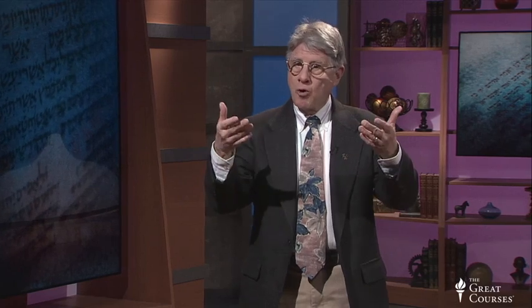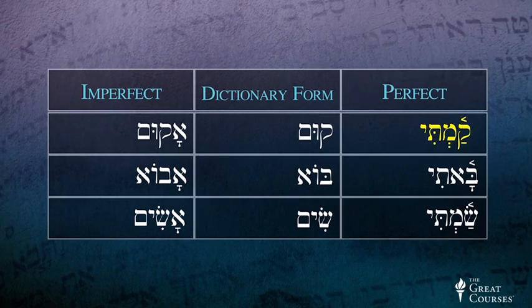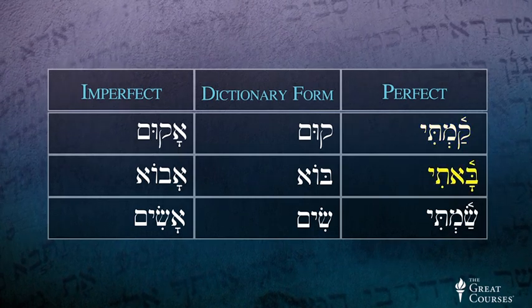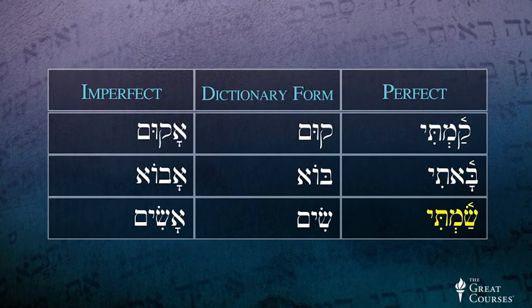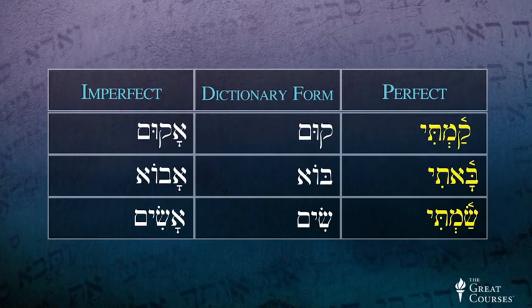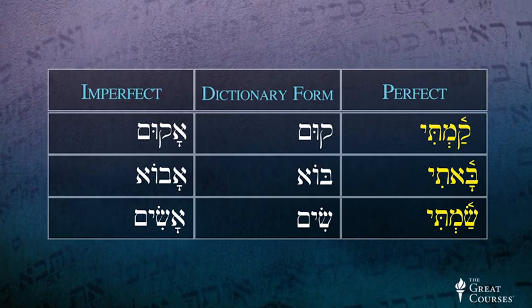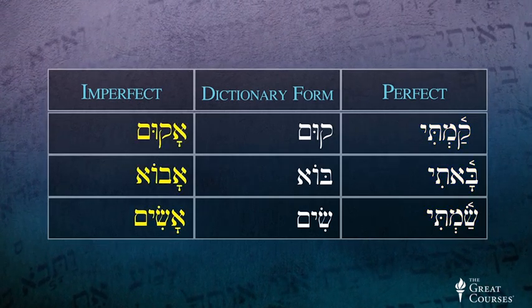We're going to look at the whole paradigm, but first, just these. Me doing it, first common singular, in the perfect and the imperfect. Kamti, I rose. Bati, I came. Samti, I placed. You have no idea what the middle vowel of these hollow roots are. But the imperfect forms give it away.